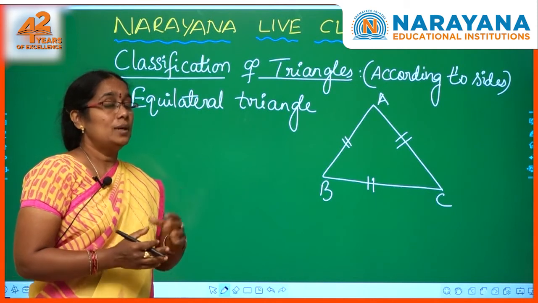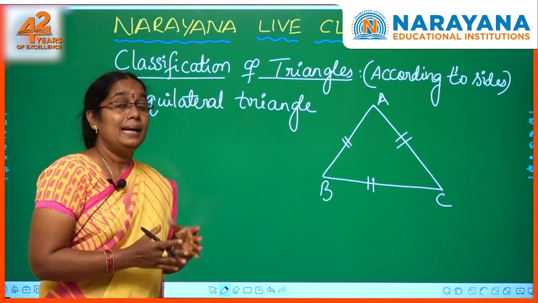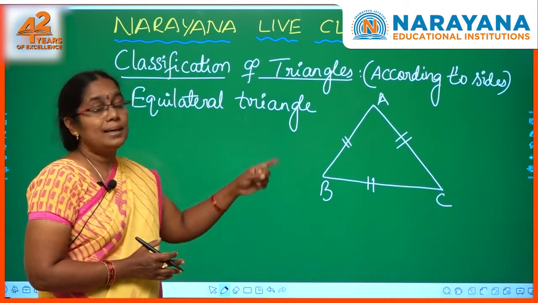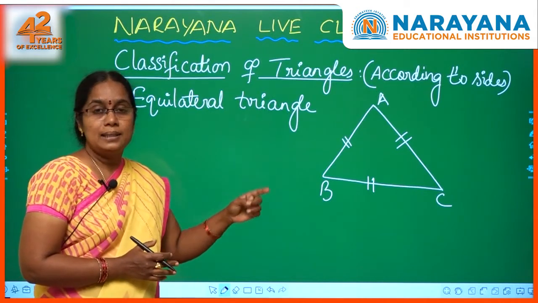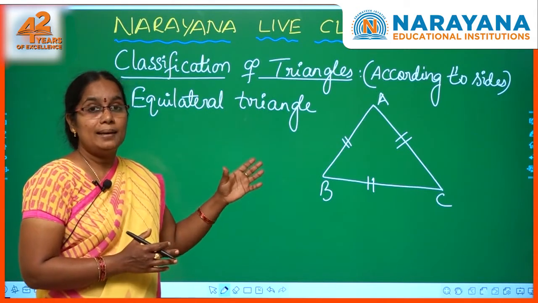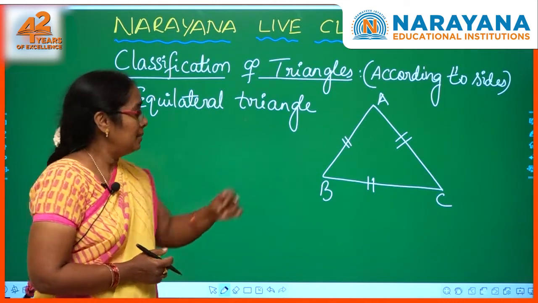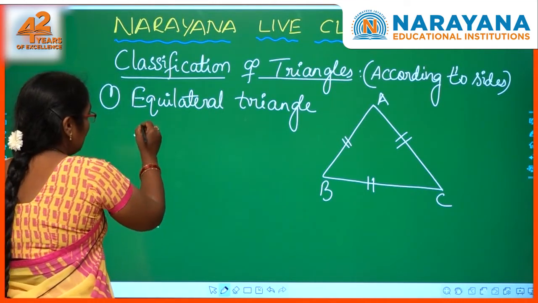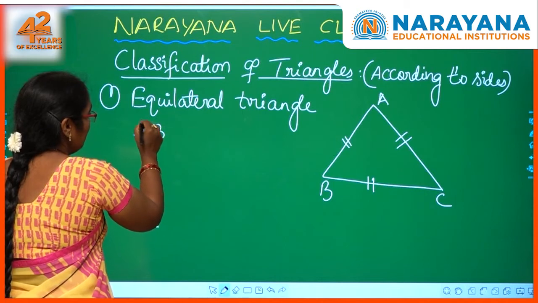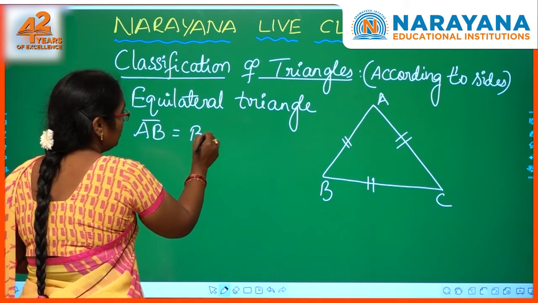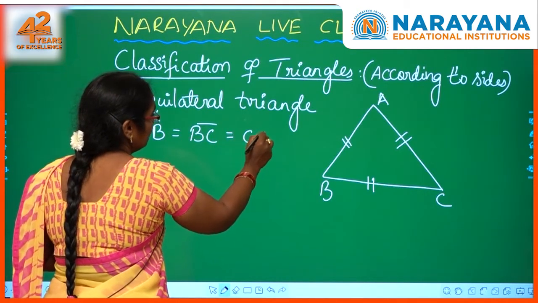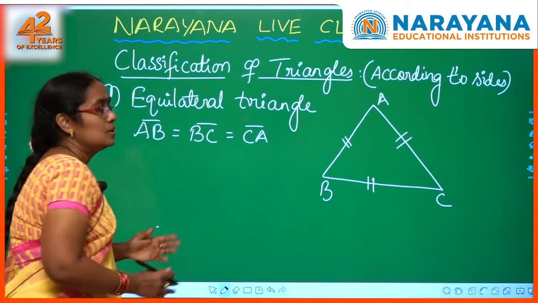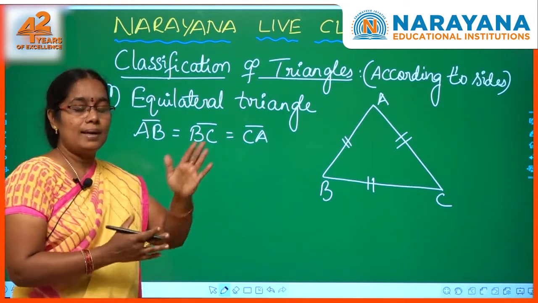Once again, what is meant by equilateral triangle? A triangle in which all the lengths of sides are equal is called an equilateral triangle. So here we can see AB is equal to BC is equal to CA. All the sides are equal, so it is called an equilateral triangle.